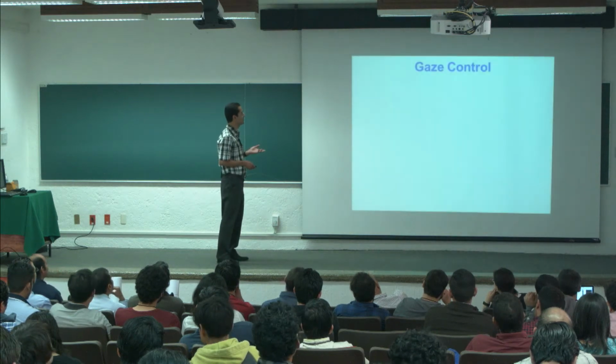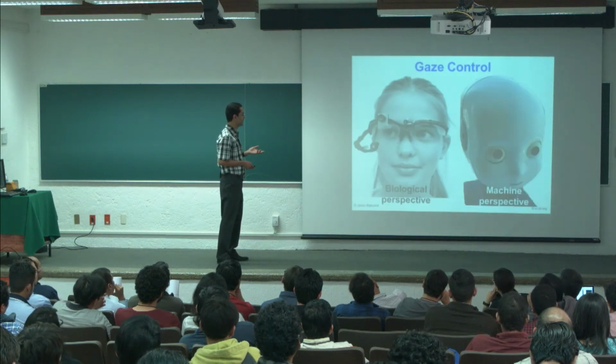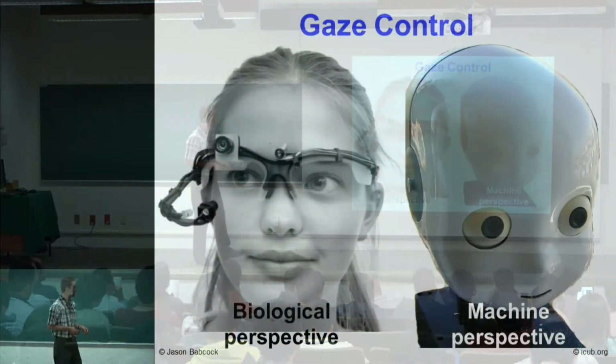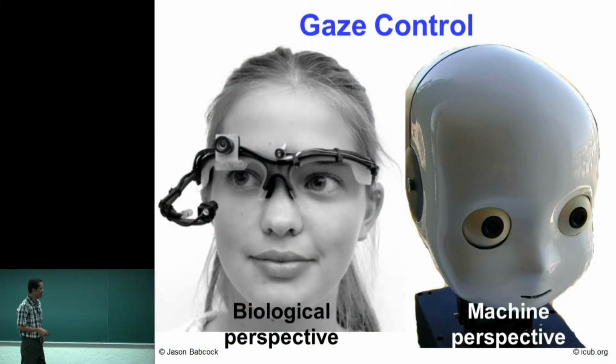We can see it from two perspectives, the biological perspective and the machine perspective. From the biological side, we can talk about the movement of the eyes of humans or animals. And from the machine perspective, we have, for example, cameras that can move, okay?